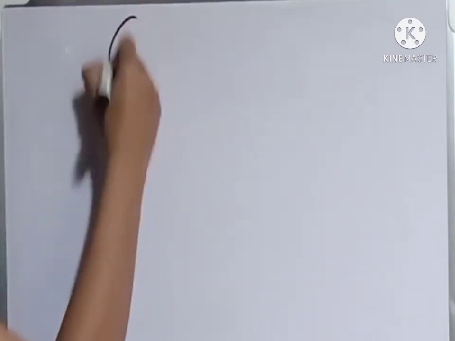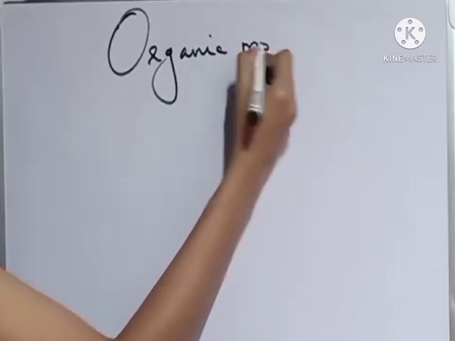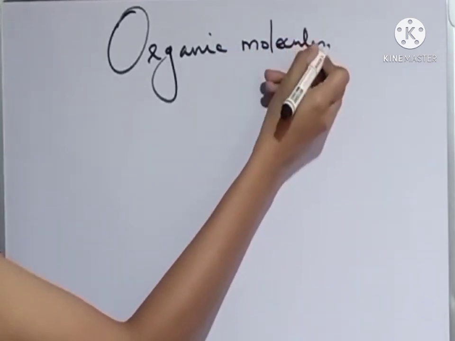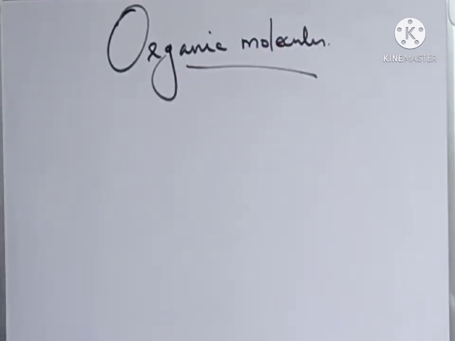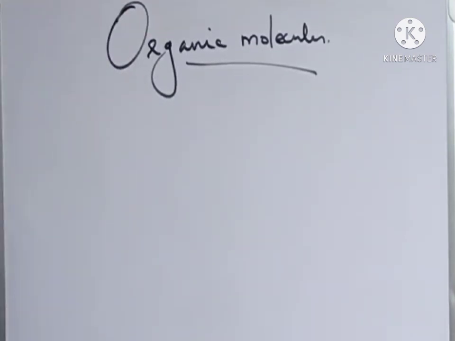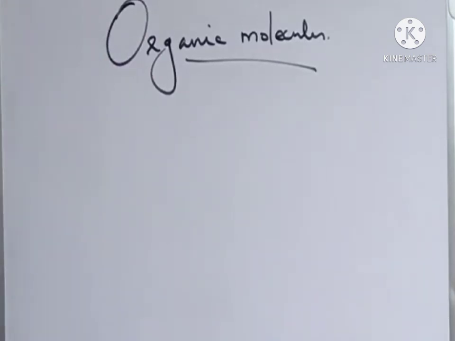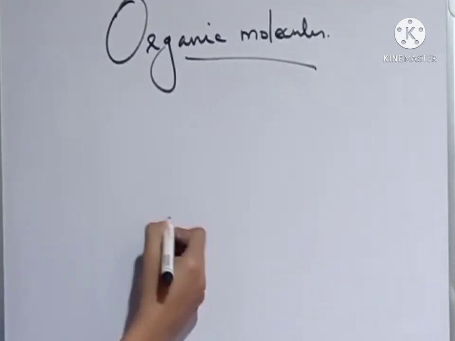Now, what about the chirality of organic molecules? Like we already said, an organic molecule is chiral when its mirror image is not superimposable on it. Let us take an example.